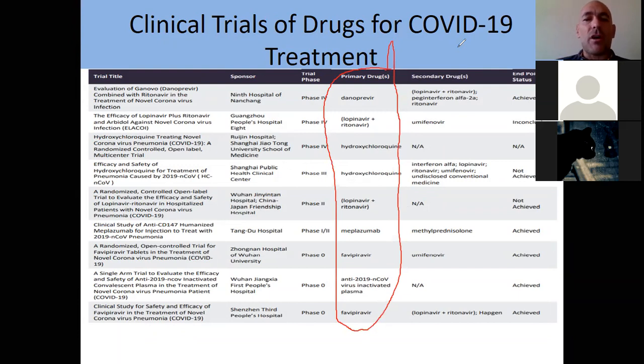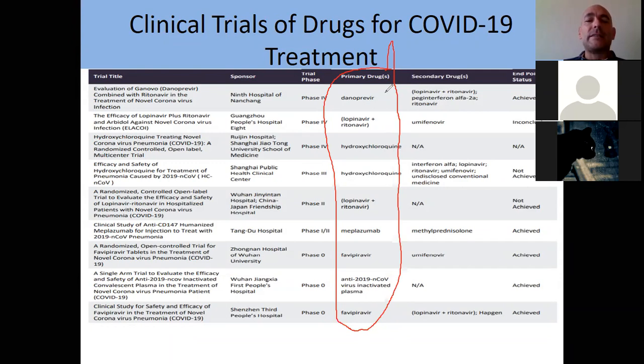Now, none of these drugs are new drugs. All these drugs have been used in some ways to treat other diseases, okay? In fact, most of these drugs are antiviral drugs. They have been used for HIV, probably for some of them for malaria, etc.